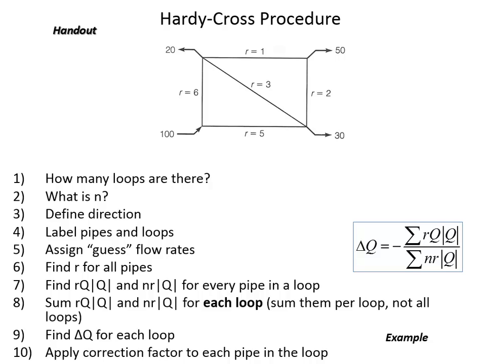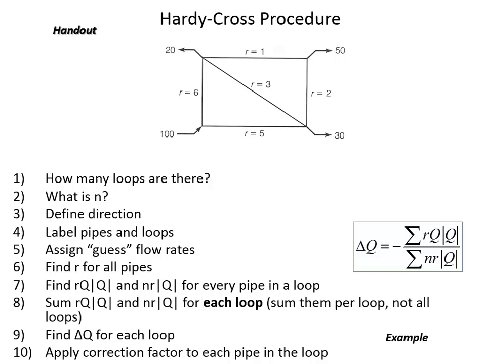Okay, so I'll put the flow rates in that I've guessed. I've got 50, 15, and negative 50, 15, negative 35, and then I'll put in this pipe a little bit later. So the values being positive and negative.